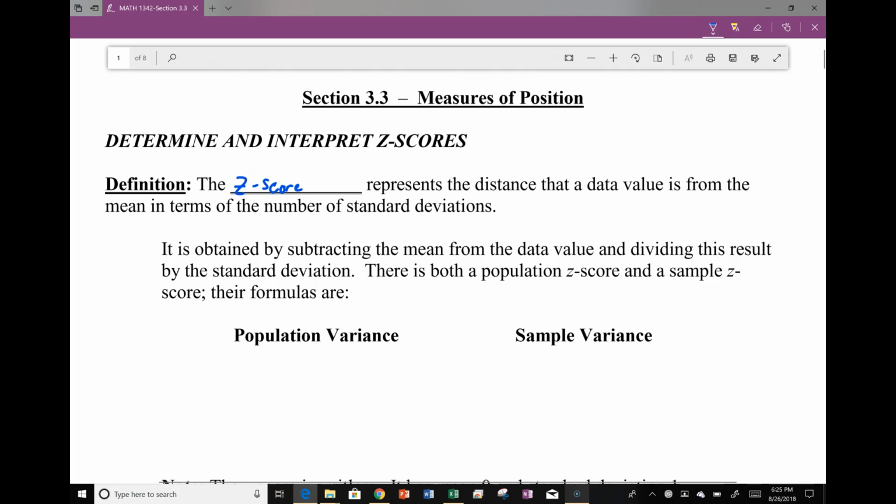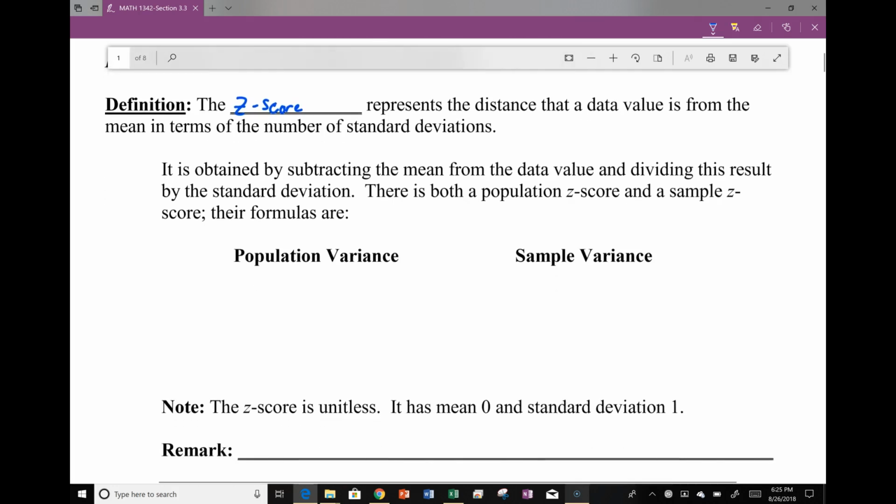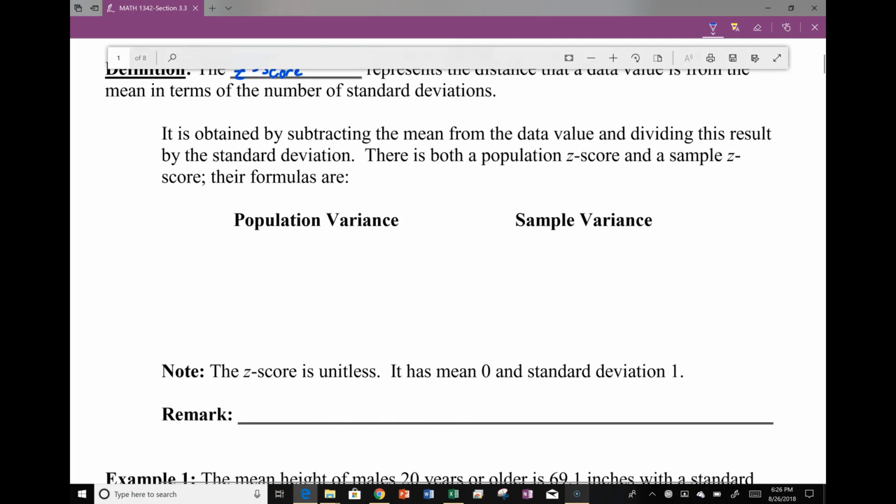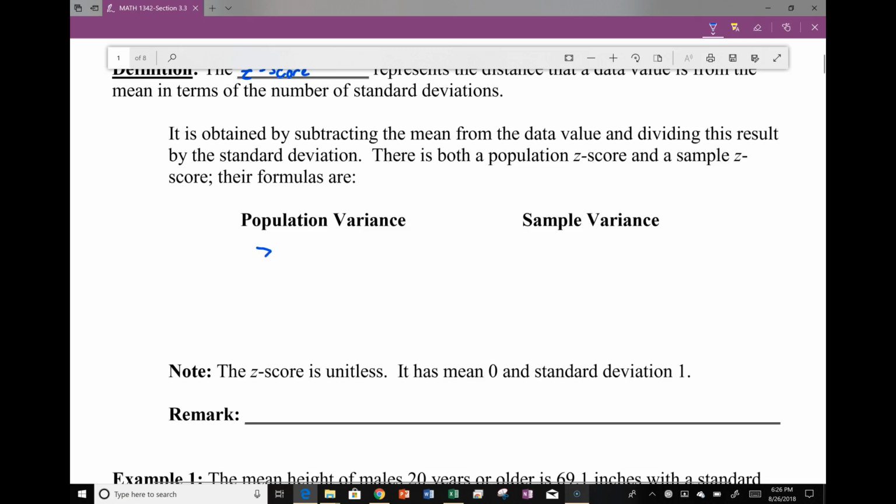When you're looking at this, z-scores can be positive and can be negative. We obtain it the exact same way for population versus the sample whenever we're given a variance.